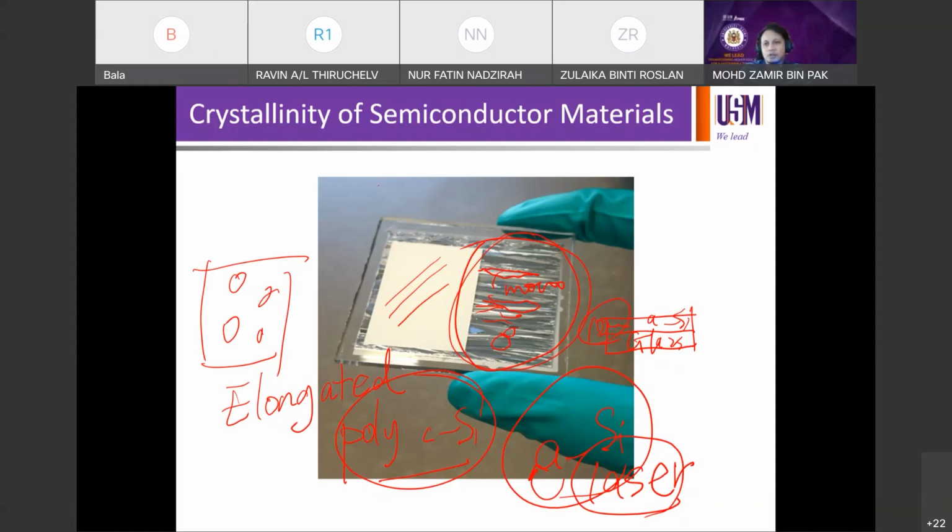So that means when you do deposition on the glass, it doesn't necessarily have to be amorphous. Even though the previous example was amorphous, you can still get monocrystalline or polycrystalline, even though the deposition was done on plastic or glass, depending on the processes that you use for the fabrication.